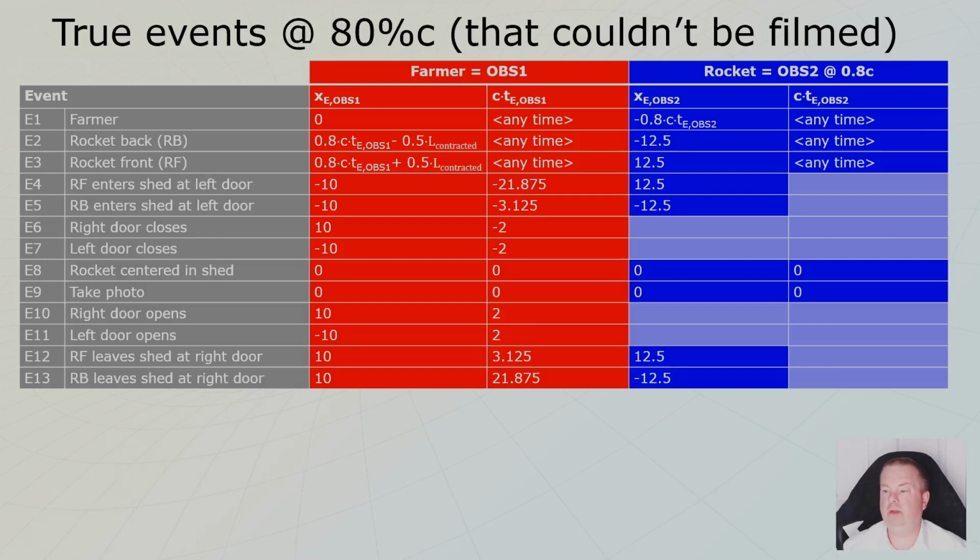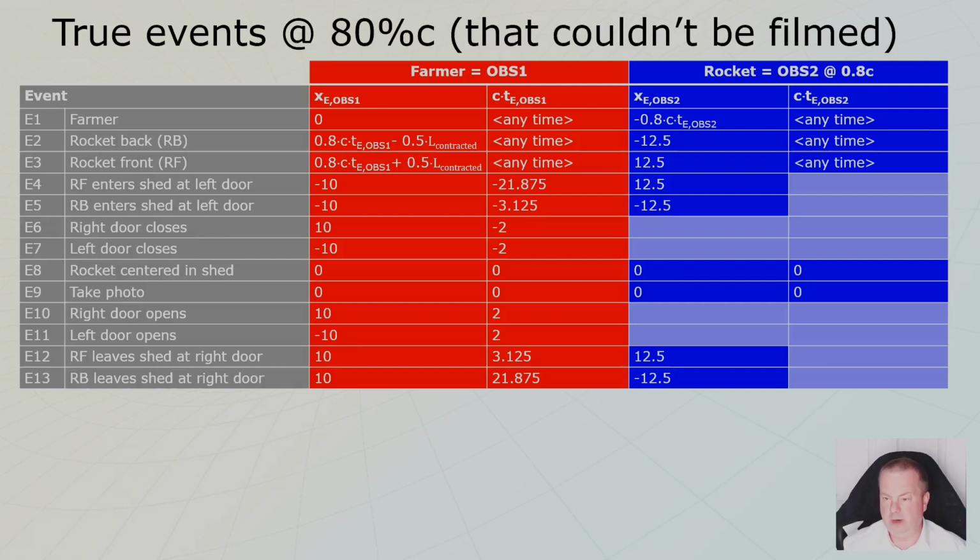That's the X coordinate of the back of the rocket, and the front of the rocket will be the same, but instead of minus we do plus half of the contracted length. This should not puzzle you, right? This should be clear. The E should have been E2 and E3, but it's any time, so that's why I probably did not put the 2 and the 3 in there.